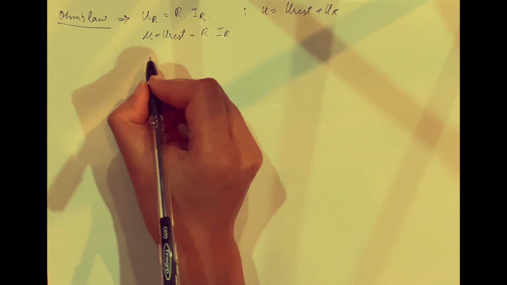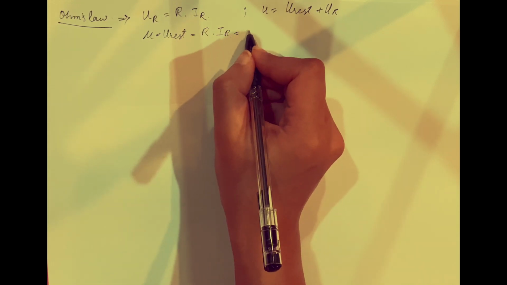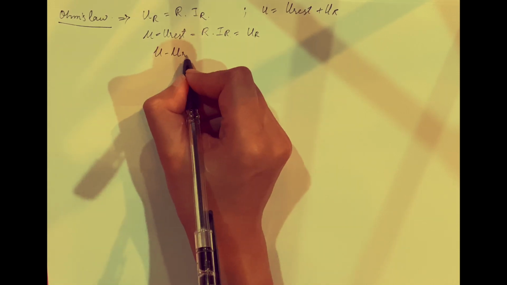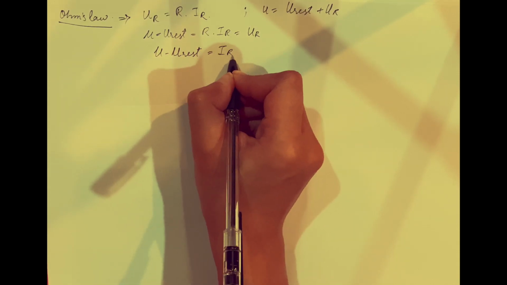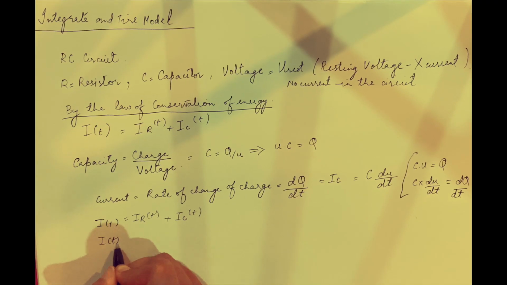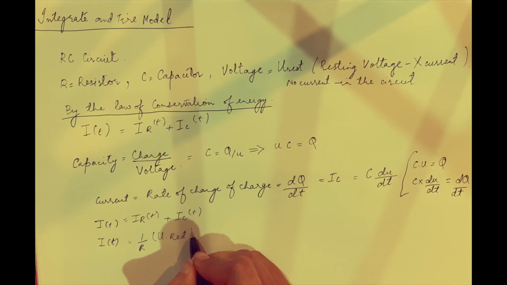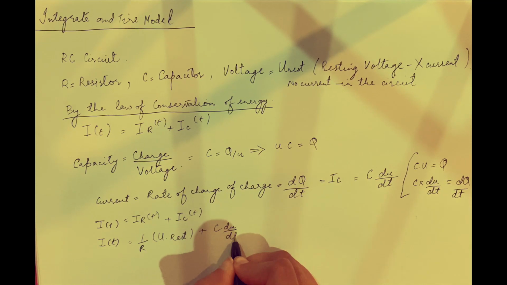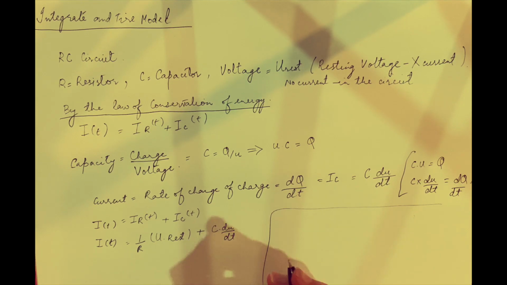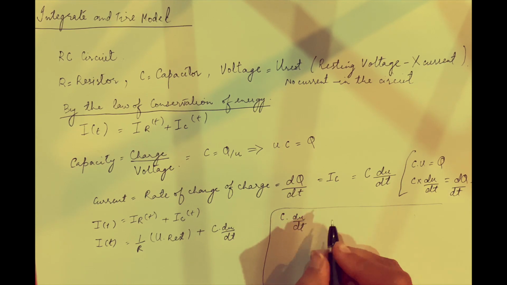So if UR, the voltage across the resistor, equals R times the resistive current, therefore U minus U rest equals R times the resistive current. Now we are going to feed this back into the original equation, which means the total current equals 1 over R times (U minus U rest) plus C times dU/dt. Let's simplify this a bit by moving this to the left side and keeping the signs.